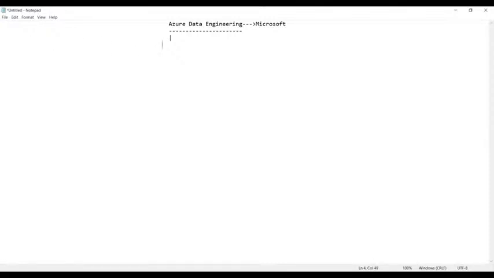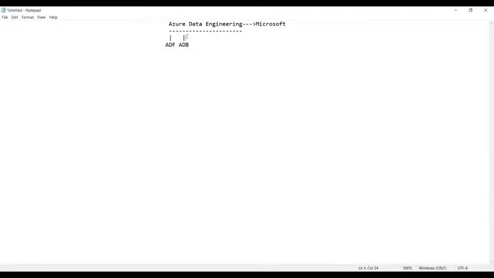The first service within Azure data engineering is ADF. Apart from ADF, we also have ADB, which stands for Azure Databricks.